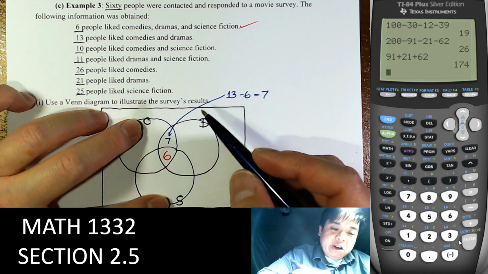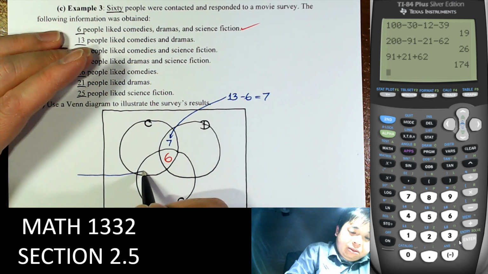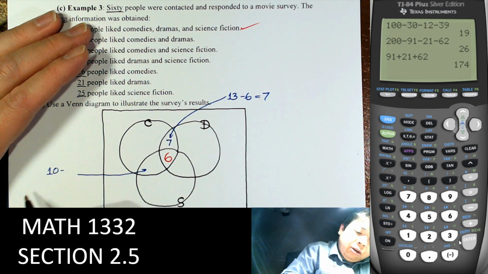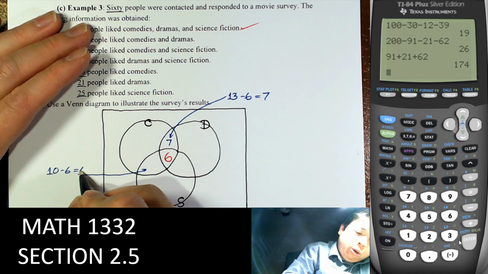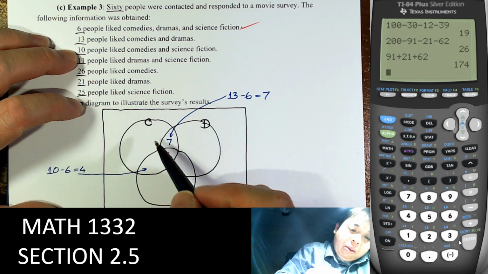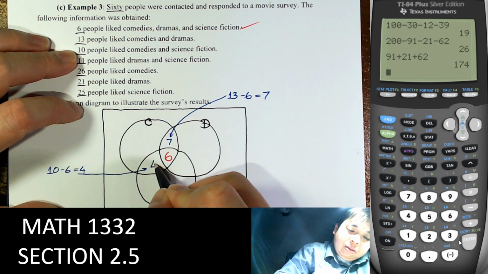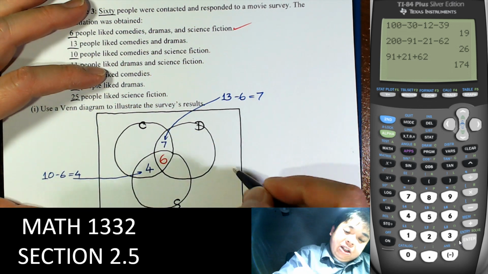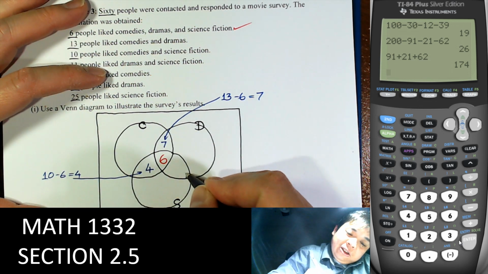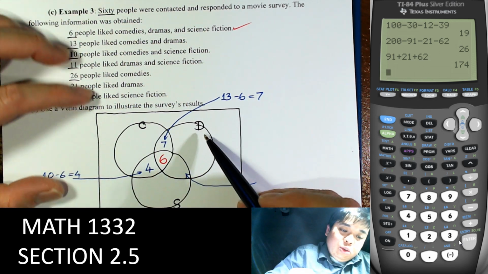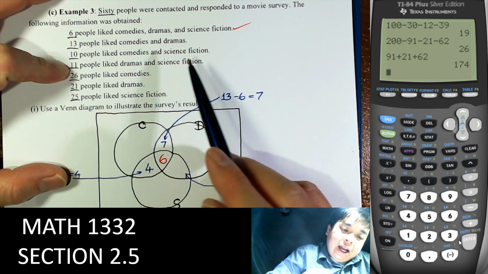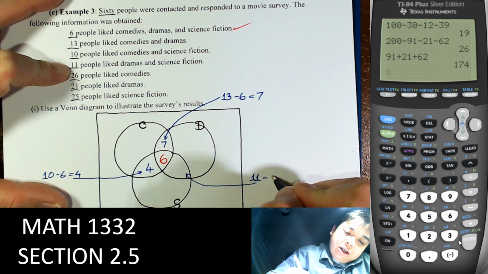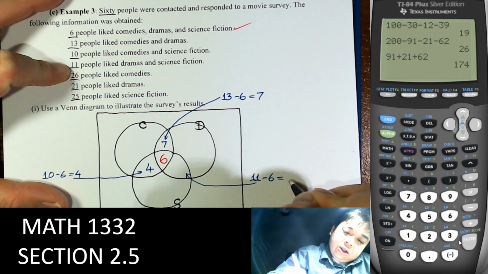Comedy and science fiction, there are 10 of them, minus 6, so that will be 4. So comedies and science fiction, except the 6 people that like everything. Now, this will be drama and science fiction, which is 11, minus 6, that gives us 5.